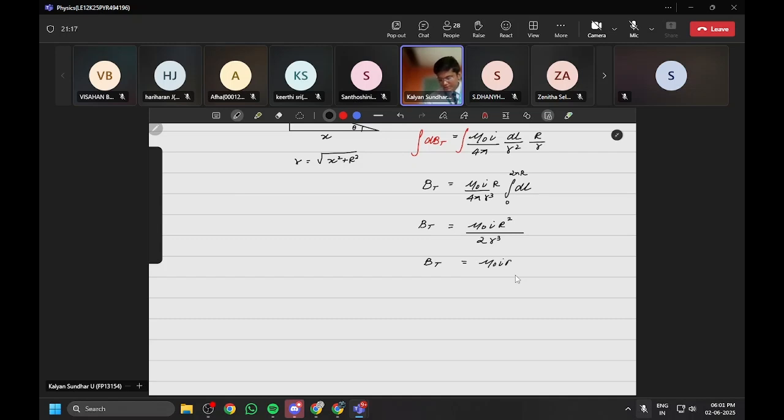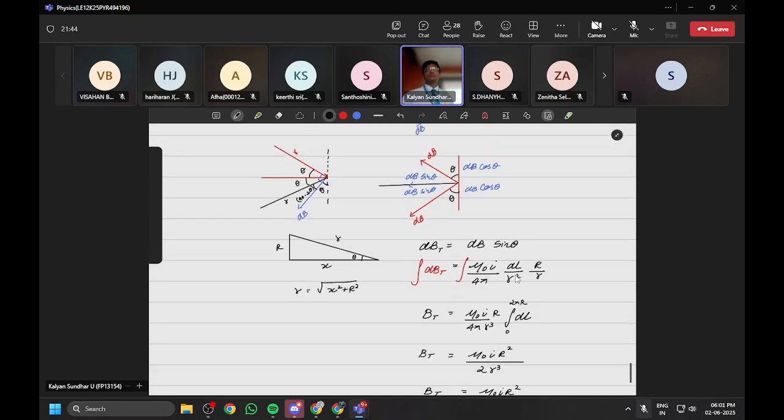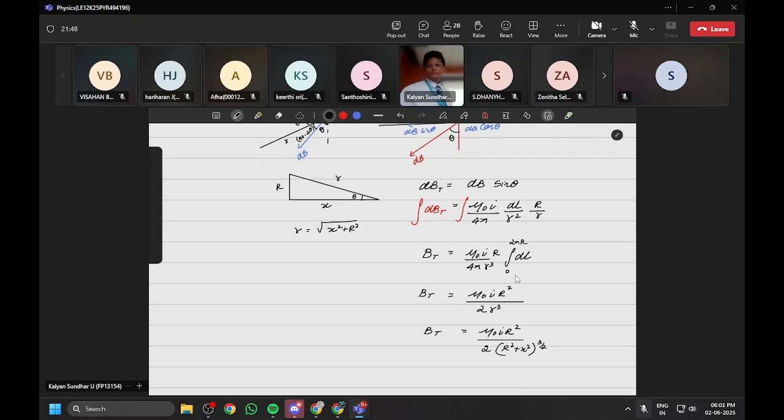So it will be mu naught I R square divided by 2 times of R square plus x square whole power 3 by 2. Yes sir, sure sir. Write this down, after finishing the derivation I'll put it in. Okay, okay.